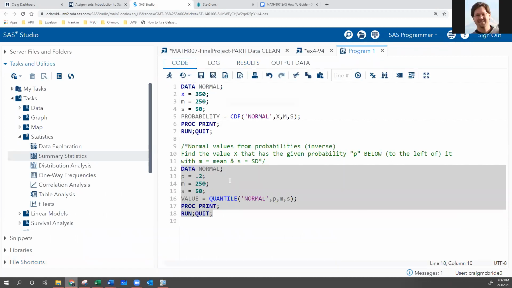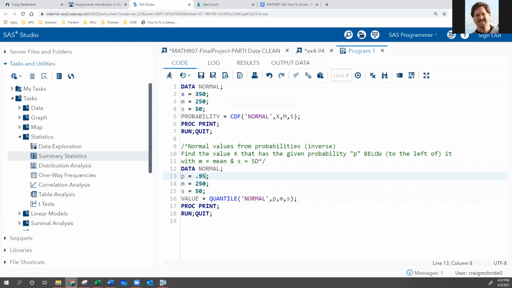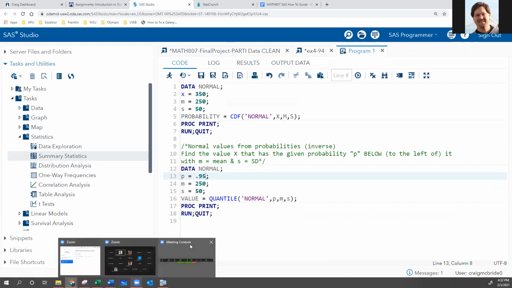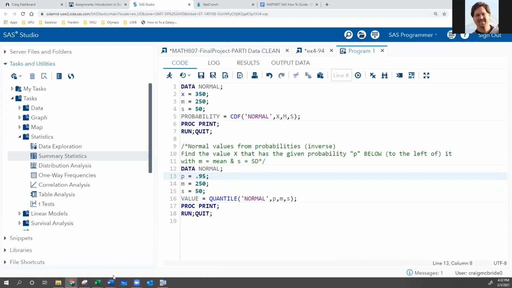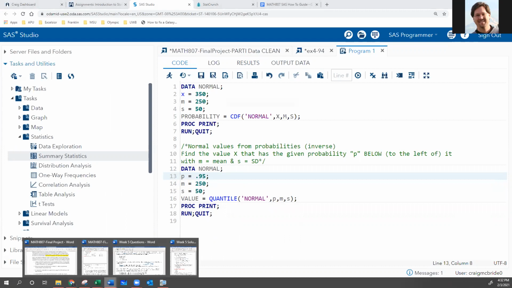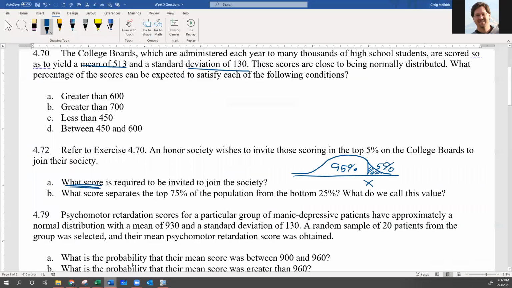Very good. So in this case, all we have to do is change everything, right? So this is now 95%. And the mean, I think, was 513, and the standard deviation 130.